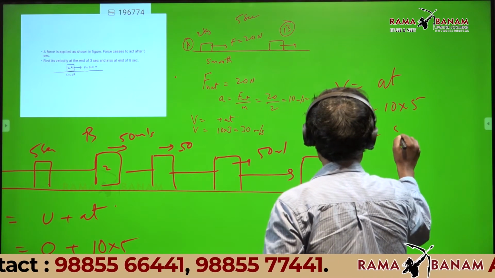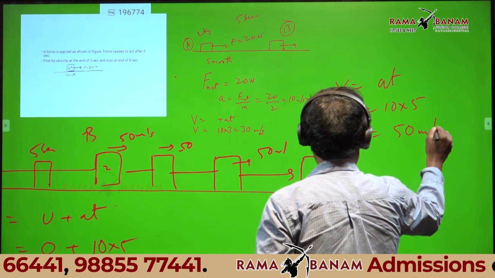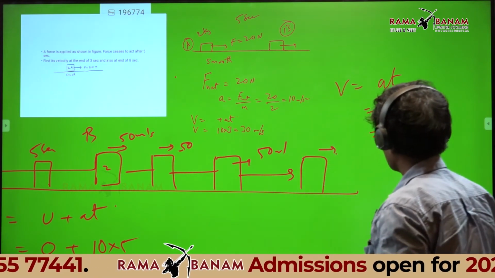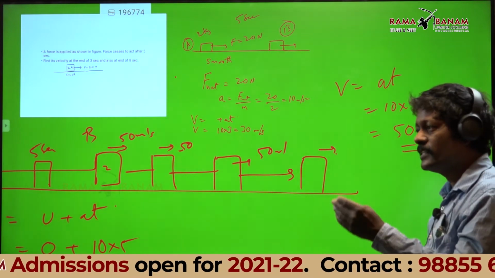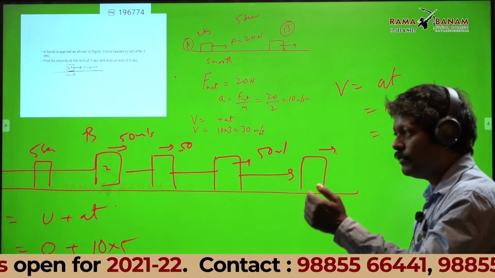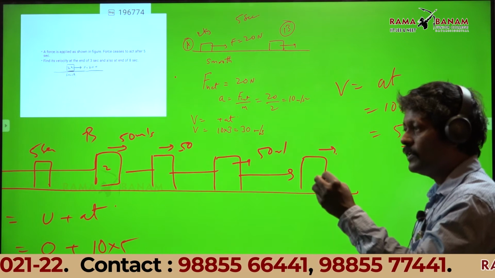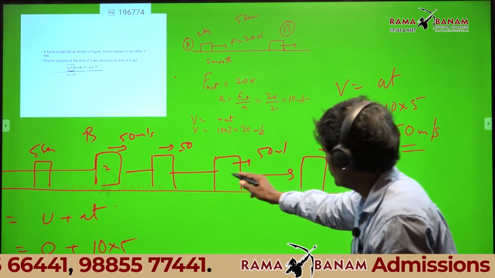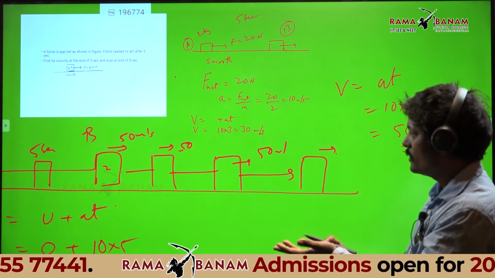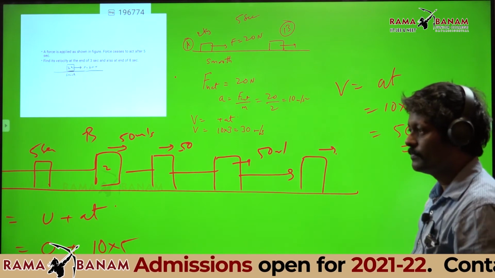The doubt for the student is, why have you taken 5, sir? You are asking at 8, no. What did I say? At the end of 5 seconds, what velocity it acquired? It goes on with that velocity, because there is no force.